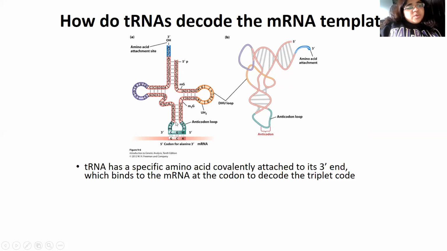That anticodon binds to the codon because it's bringing the amino acid bound to the 3' end up here, okay? So this 3' end of the RNA is where the amino acid is actually attached.